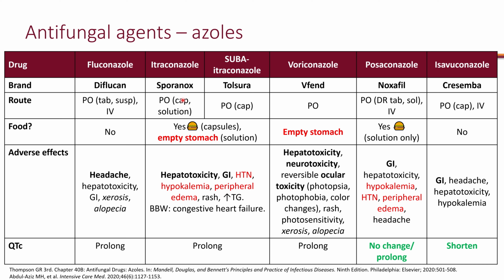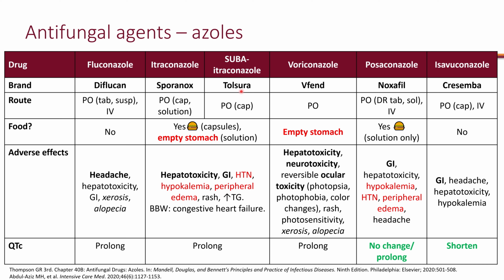So itraconazole is not available as IV. There used to be an IV formulation that's been taken off the market due to concerns for congestive heart failure. In fact, this black box warning is specifically from the IV formulation. But with the oral formulation, there is a capsule and there is a solution.